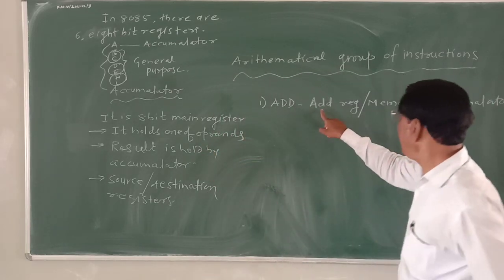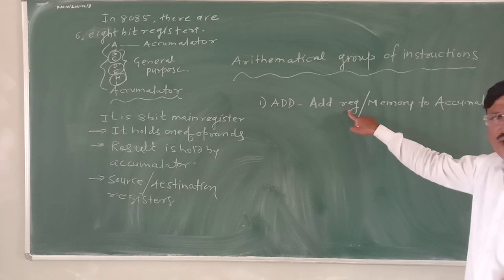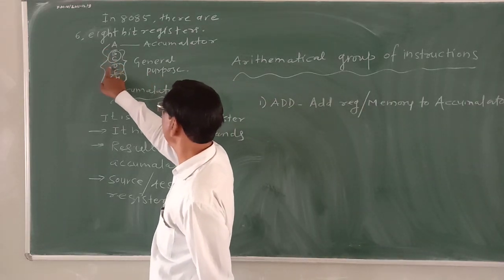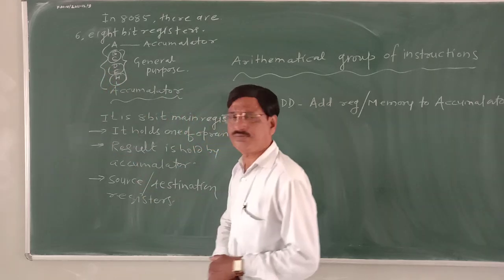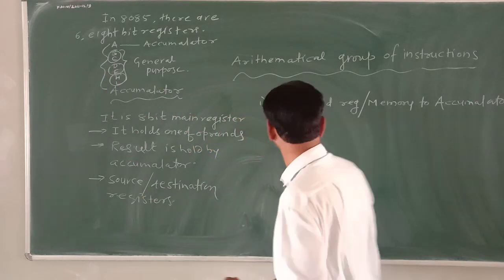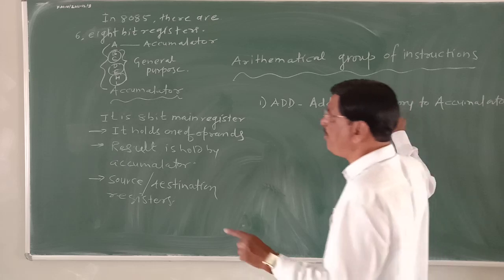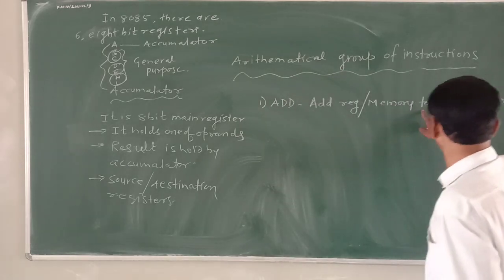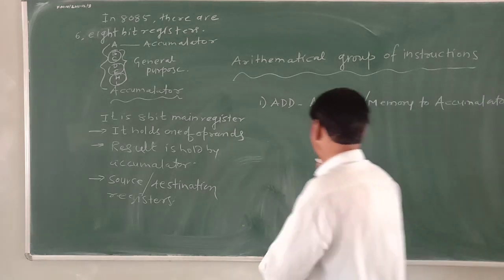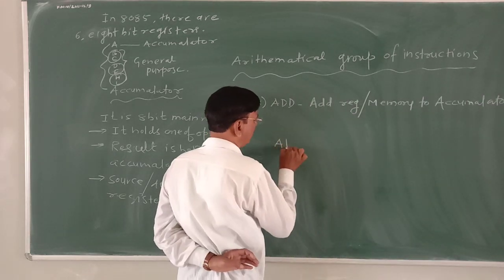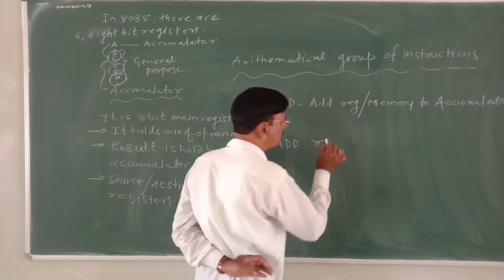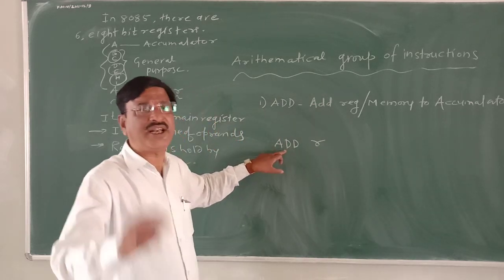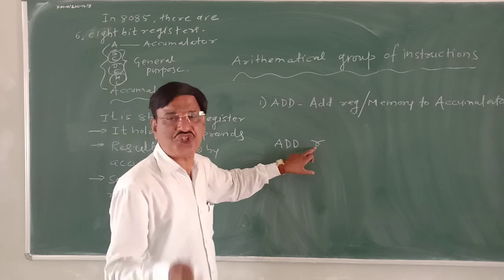So here is ADD register: any register, that is B, C, D, E, H, L, or memory location, to accumulator. So obviously ADD R: add the contents of register.